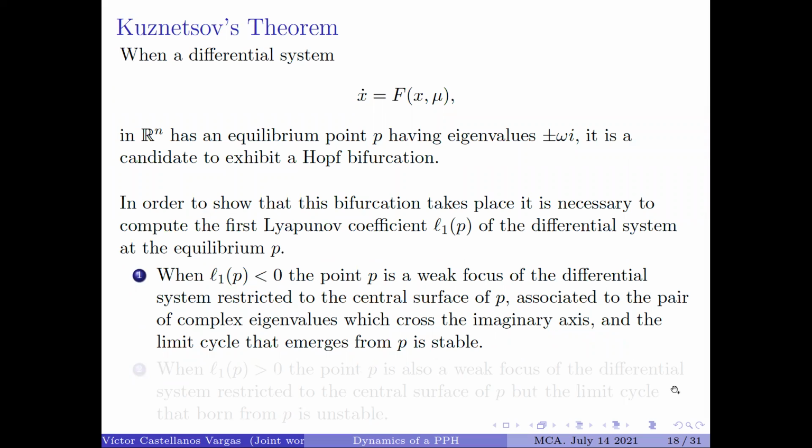I recall briefly the Kuznetsov formula. When a differential system x dot equal to f(x, mu) in R^n has an equilibrium point P having eigenvalues plus minus omega i, it is a candidate to exhibit a Hopf bifurcation.